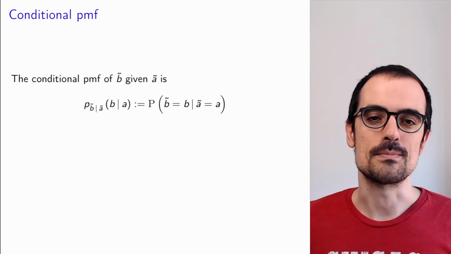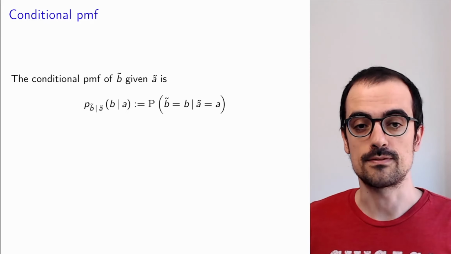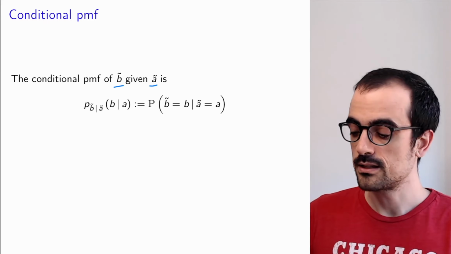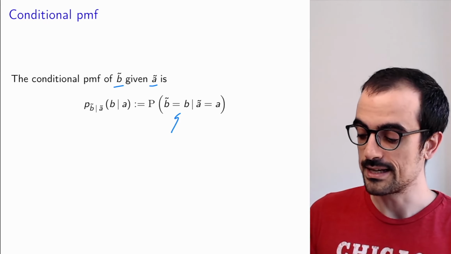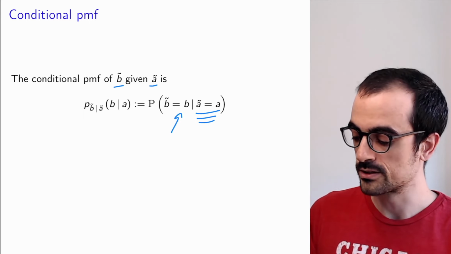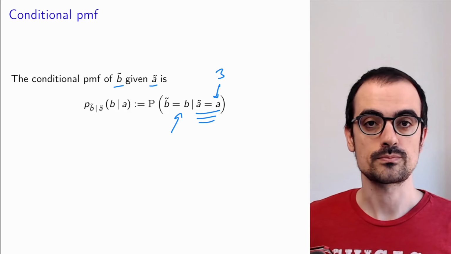Let's do this a bit more mathematically. We define the conditional probability mass function of B given A as the conditional probability that B takes any of its possible values given that the value of A is fixed. So this would be 3 in our example.